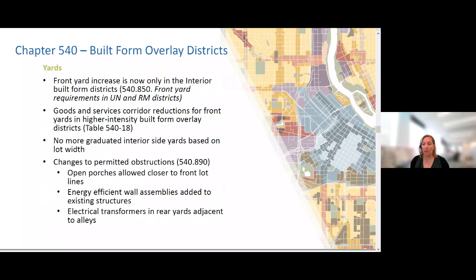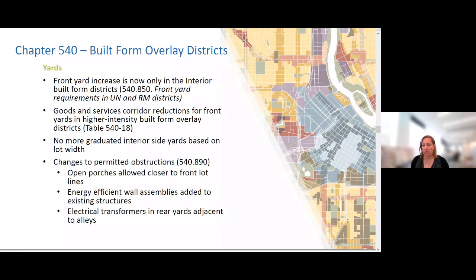It used to apply to all built form districts for properties with primarily residential zoning. And now it only applies to properties that are in interior built form overlay districts. So if a property is in a corridor built form overlay district and a residential zoning district, the standard district setback would be the maximum required for the front yard, even if there's an adjacent structure that's set back further.